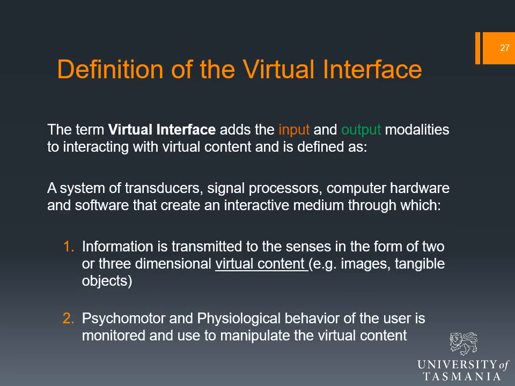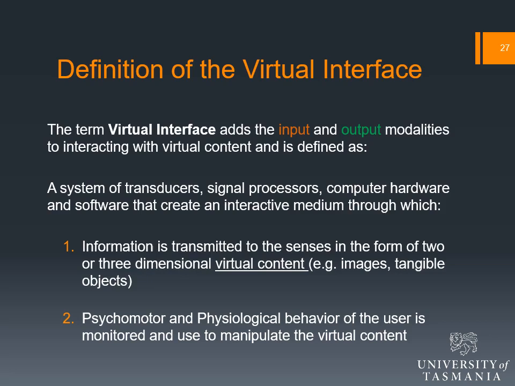So, the definition of the virtual interface. This one is to go into a bit of detail. The term virtual interface refers to the input output modality, which, if you go back to my diagram, is the blue technology box in the middle. There's input, there's output, looking at the direction of the arrows.